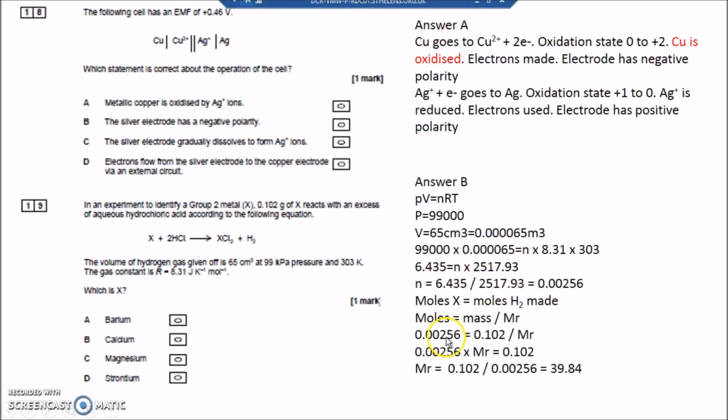Moles equals mass divided by Mr. Moles 0.00256 of this metal X equals mass of metal X, 0.102, divided by Mr. Rearrange this equation, so Mr equals 0.102 divided by 0.00256. The Mr of X is 39.84. If you look in a periodic table, the closest to 39.84 is calcium, so your answer is B.